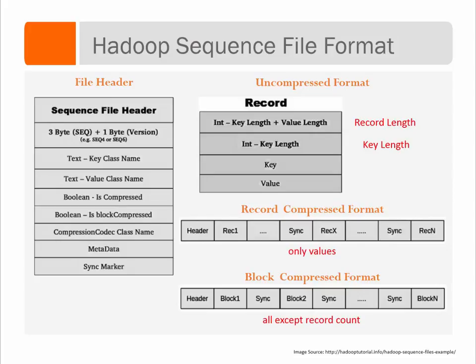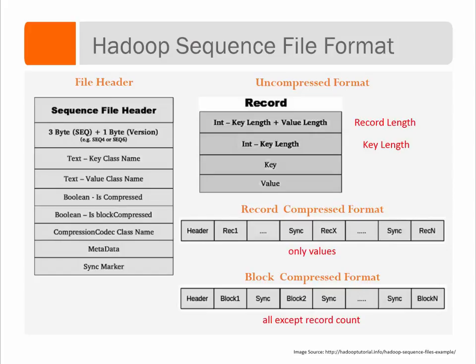We'll follow that with the key class name, basically what's the key for this file, and then the value class. Then a Boolean for is compressed, and a Boolean for is block compressed. We'll have metadata and a sync marker, and then we connect that header to the records.